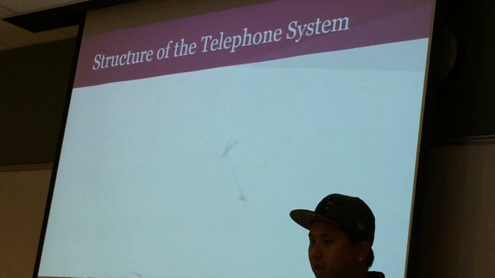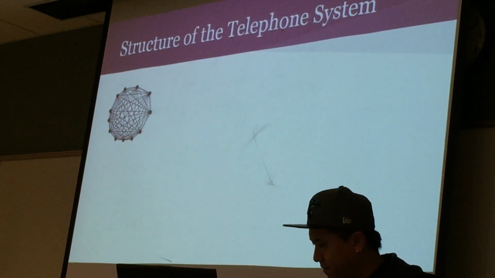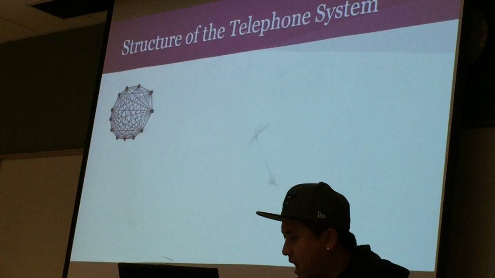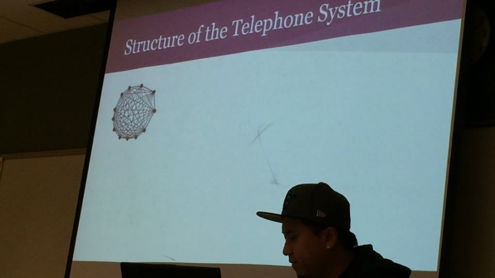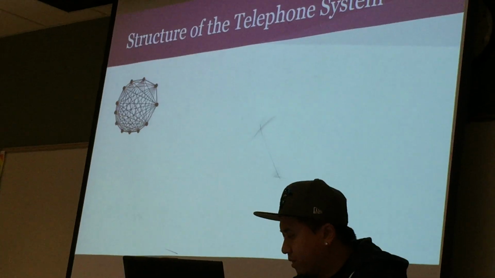Next here, we're going to talk about the structure of the telephone system. It was created soon after Alexander Graham Bell patented the telephone in 1876. Because of the enormous demand for the product, phones were sold in pairs, and the only way you could connect the phones was to directly connect the wires from one end to another.